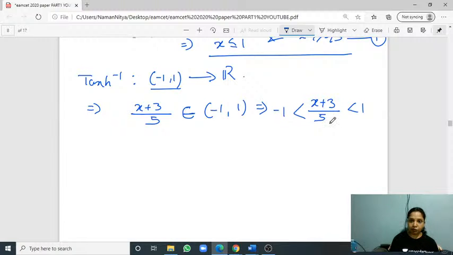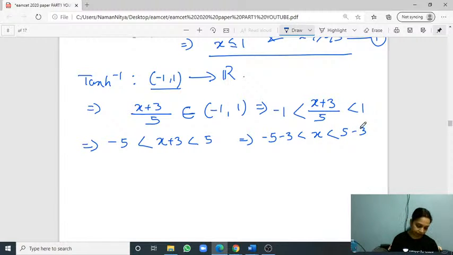So obviously I have to multiply throughout by 5. So what will I get? Minus 5 less than x plus 3 less than 5. So from here I can just subtract 3 throughout. So what will I get? Minus 5 minus 3 less than x less than 5 minus 3. So from here what am I getting?